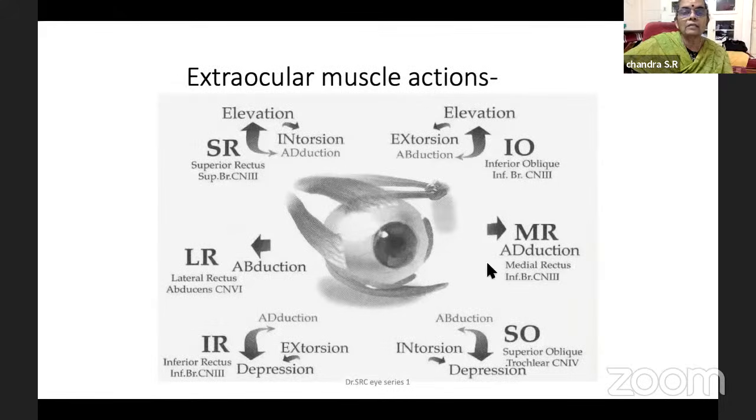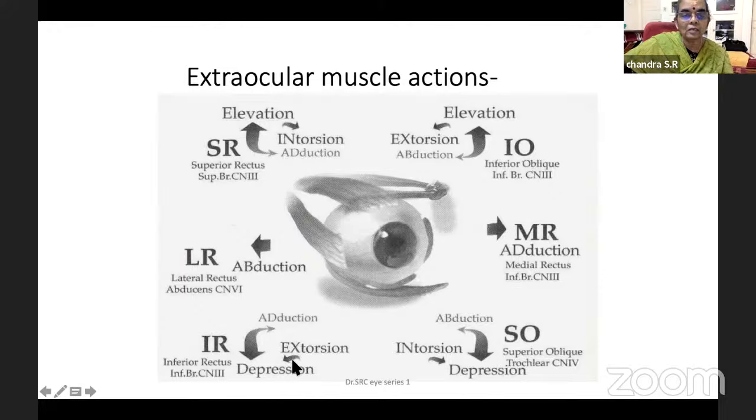Then combined, there is more than one action for each muscle. Superior rectus is elevation, intorsion, and adduction.